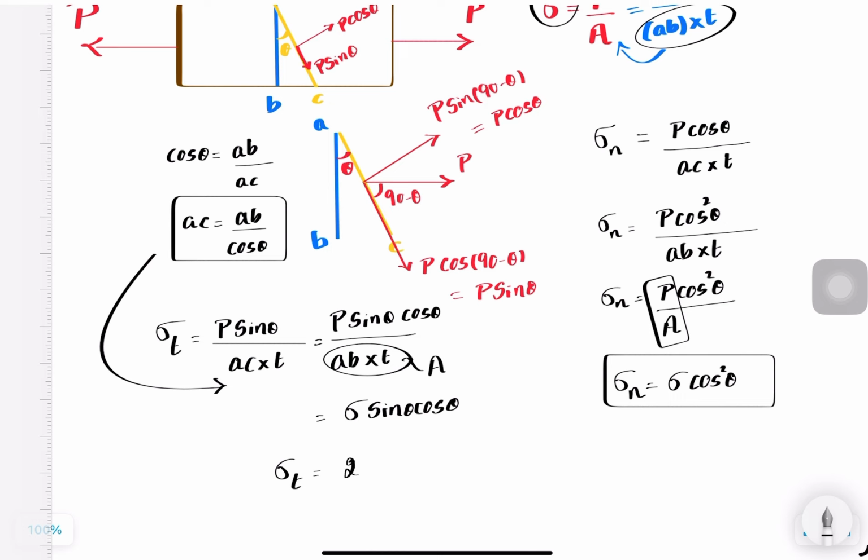So it becomes 2 sine theta cos theta divided by 2. What is 2 sine theta cos theta? It is sine 2 theta. So it is equal to sigma divided by 2 into sine 2 theta.